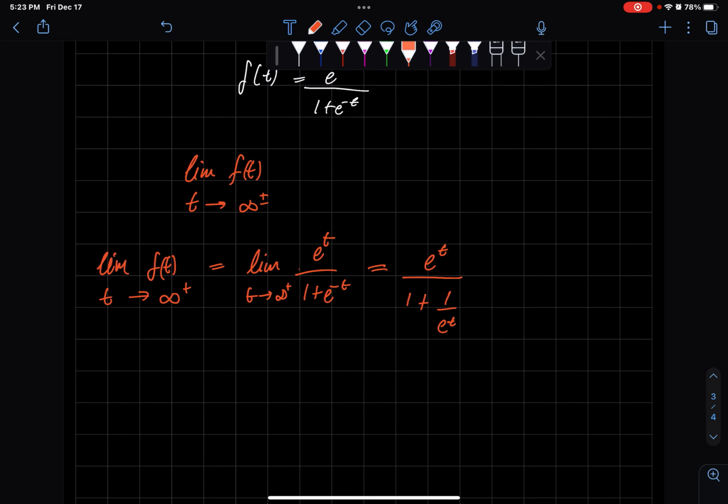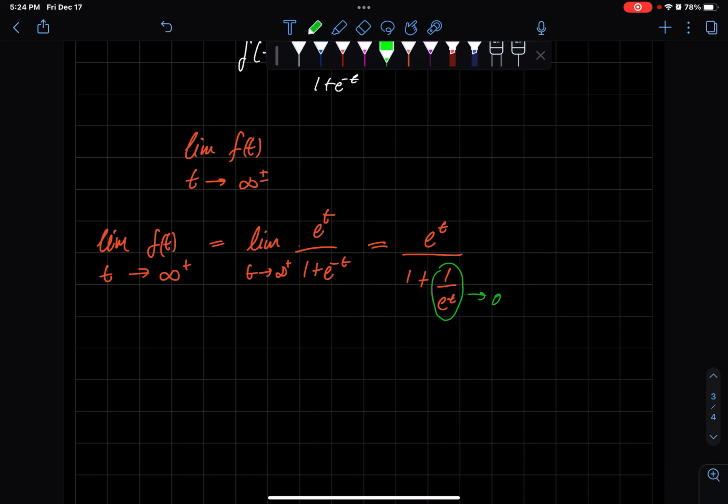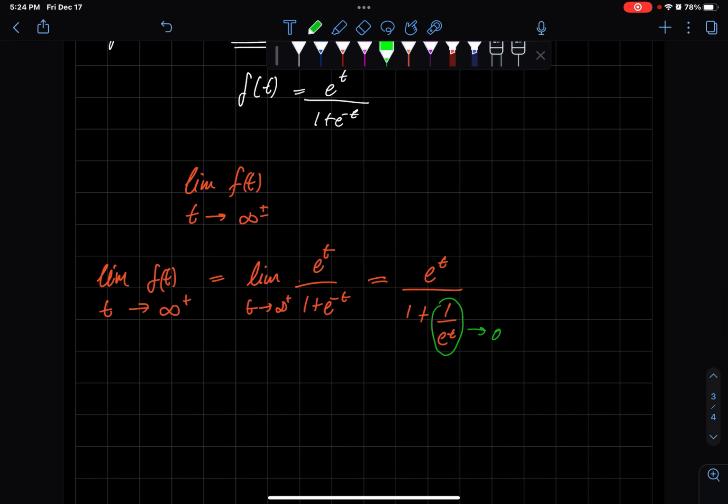Now we can see that as t approaches infinity, this term approaches 0, because as t gets bigger and bigger, we divide more and more, so this gets smaller and smaller and approaches 0.